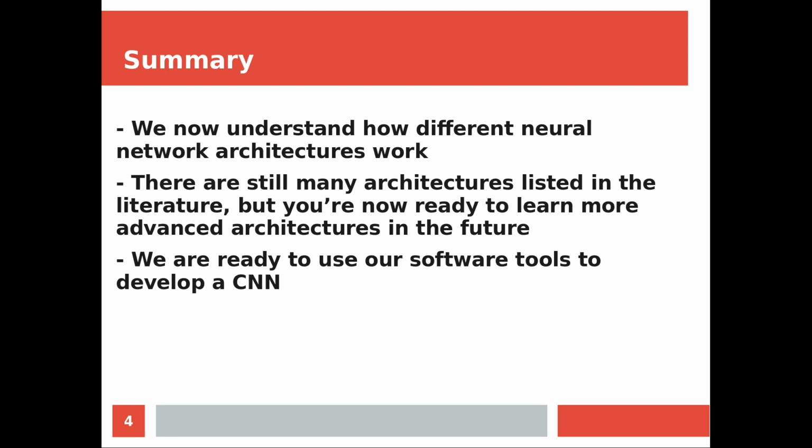There are still many architectures listed in the literature, but you're now ready to understand how different architectures work based on your basic knowledge right now. So if you're going to pursue a career in machine learning, you're now ready to be an active machine learning learner.